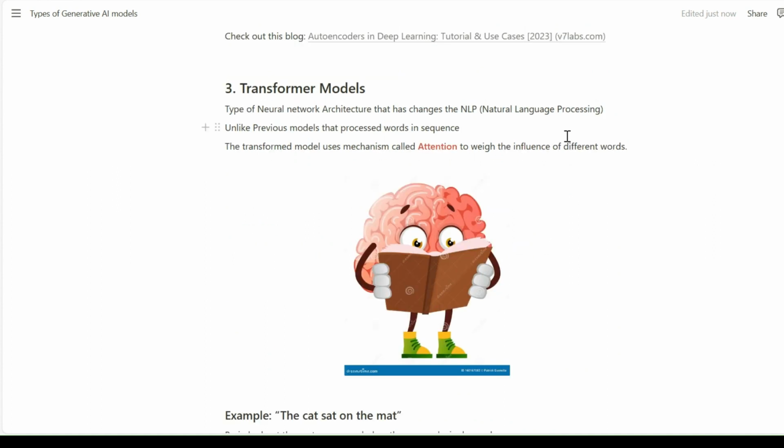Next, we have transformer models. It's a type of neural network architecture that has changed natural language processing. Unlike previous models that processed words in sequence, the transformer model uses a mechanism called attention to weigh the influence of different words.